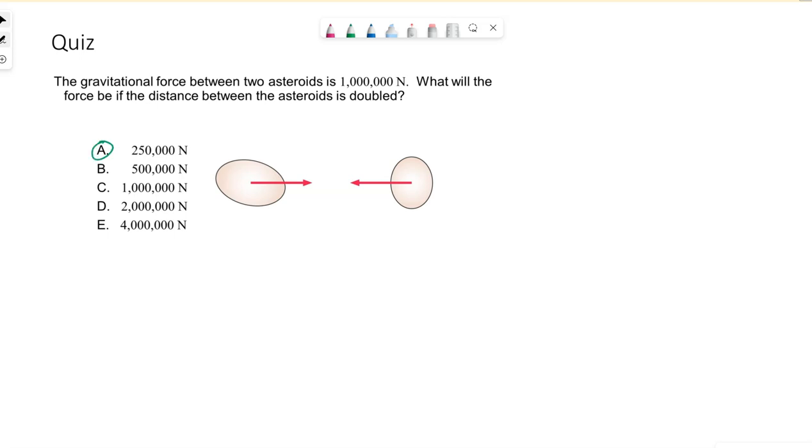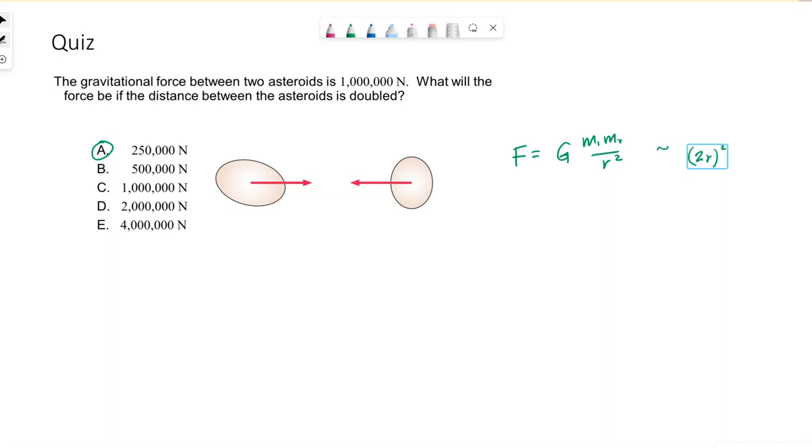Correct answer is A. This is where that inverse square law comes into play. Since the gravitational attraction inversely depends upon distance squared, I just have to think about changing this distance, doubling it.